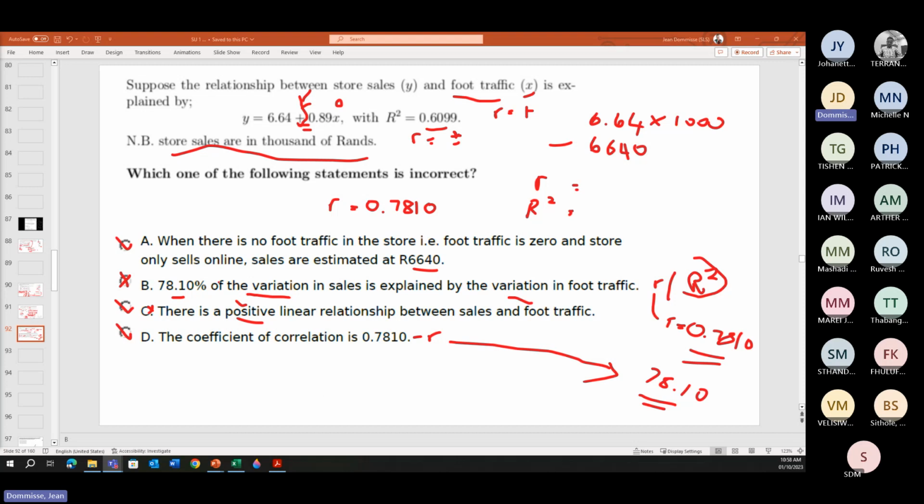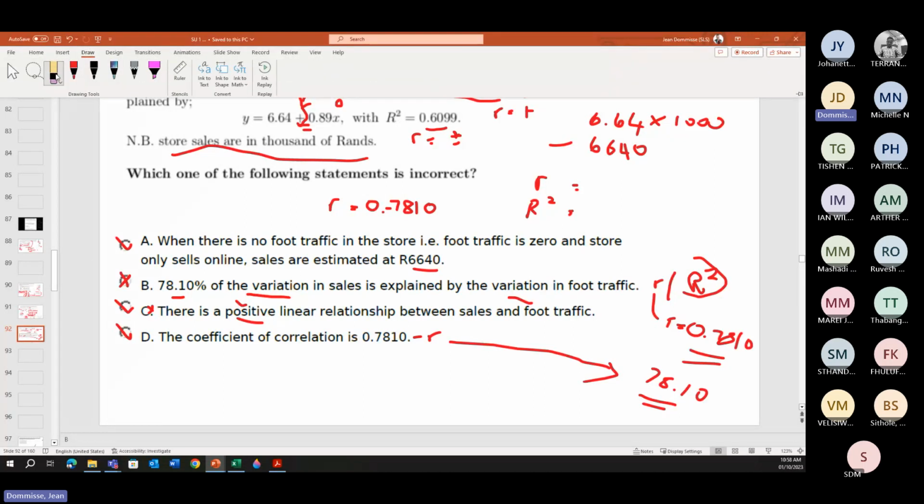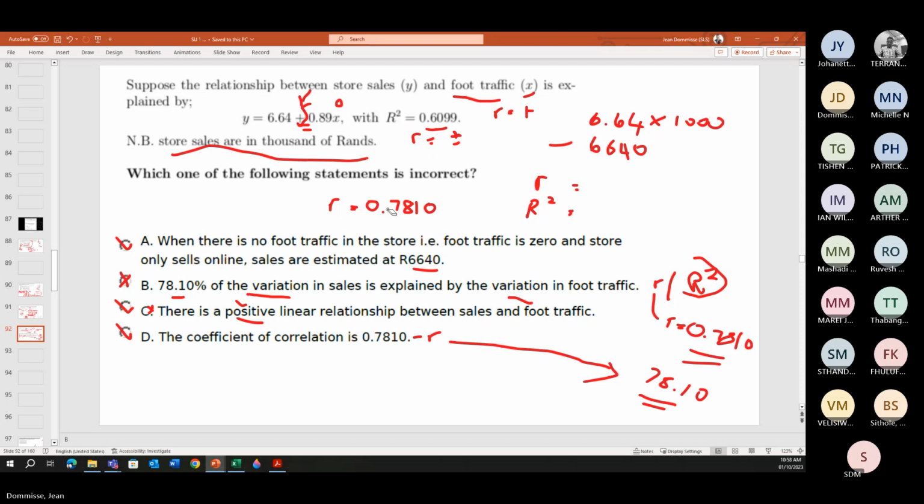So even if this was negative, because it's bigger than 0.5, it's still strong. It just might be negative. So don't get confused between negative and positive and whether it is weak or not.